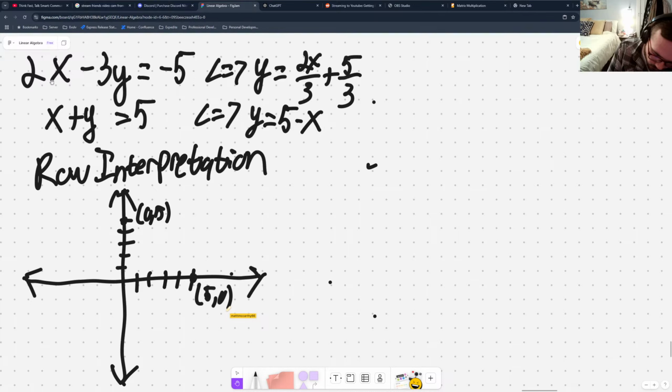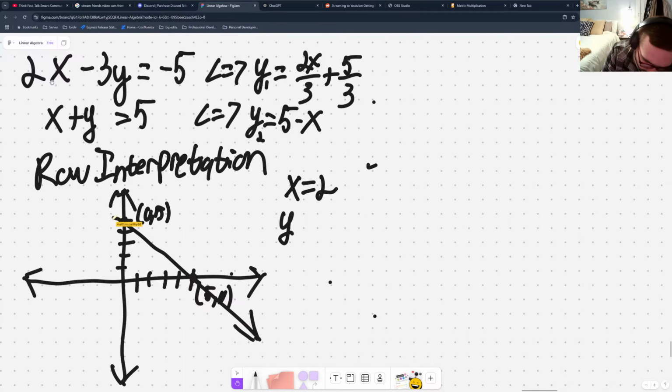And then we could do, let's pick 2 points. I guess if we did x equals 2, then y, let's call this y1 and y2. So this one is easy to graph. This is y1 equals 5 minus x.